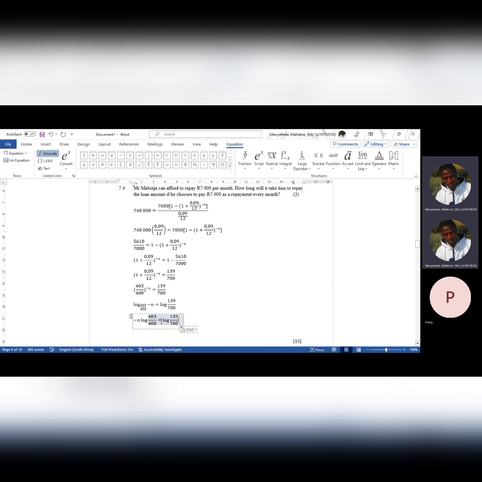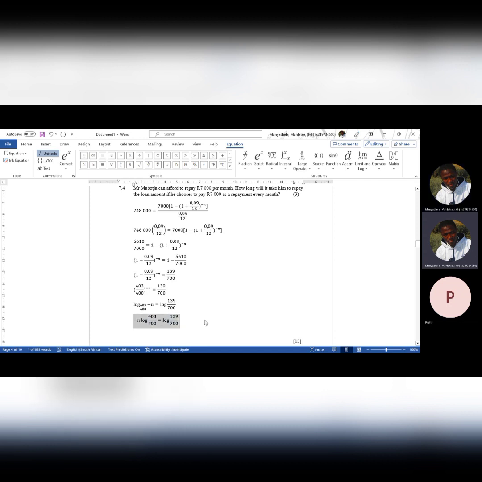Because we are looking for the value of n, we're going to divide both sides by log 403 over 400. So negative n log 403 over 400 divided by log 403 over 400 is equal to log 139 over 700 divided by log 403 over 400.